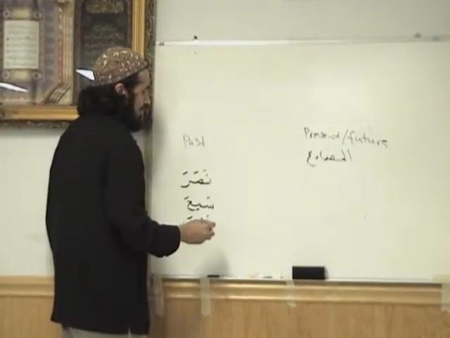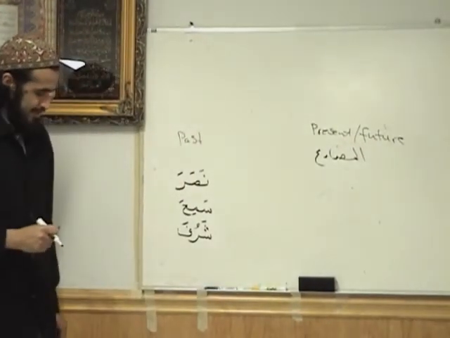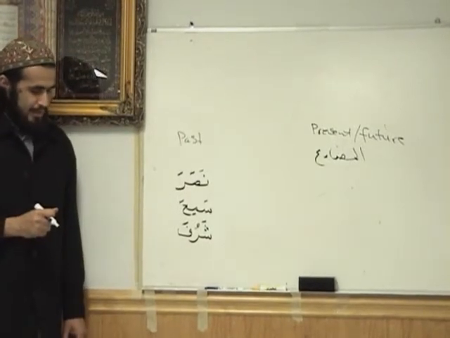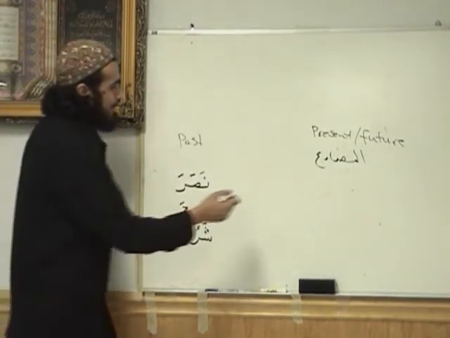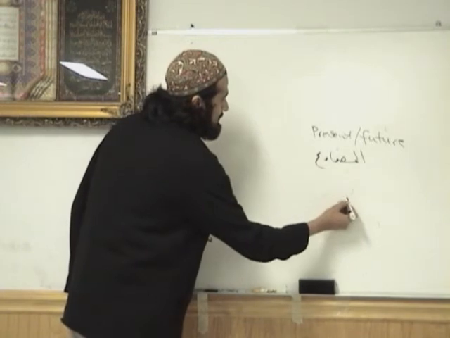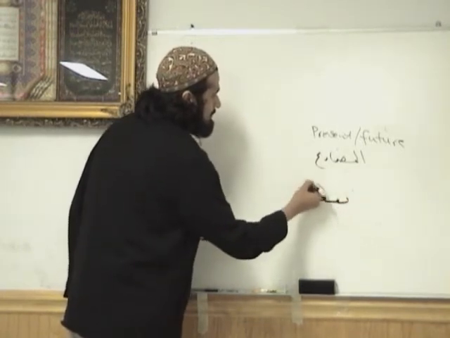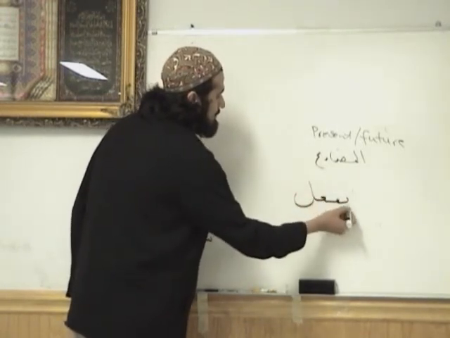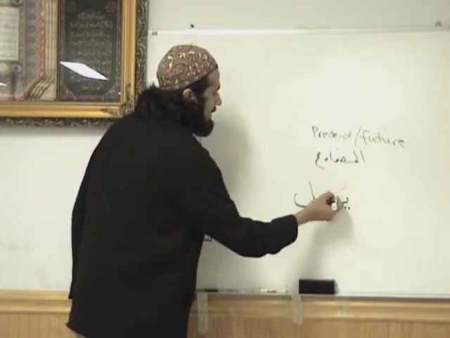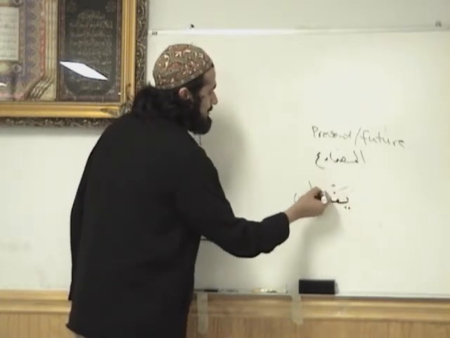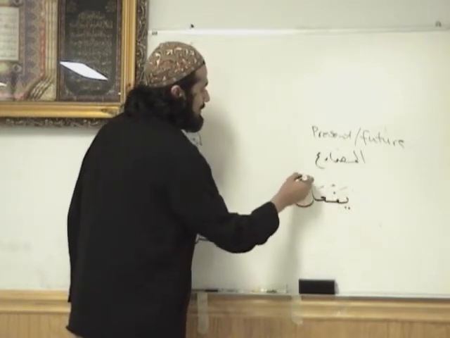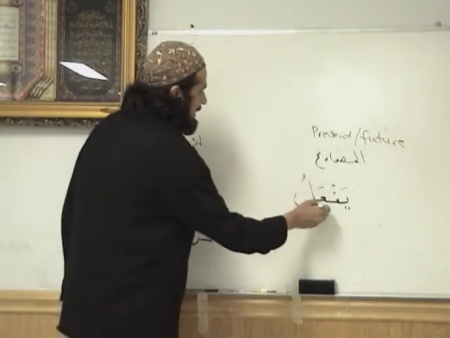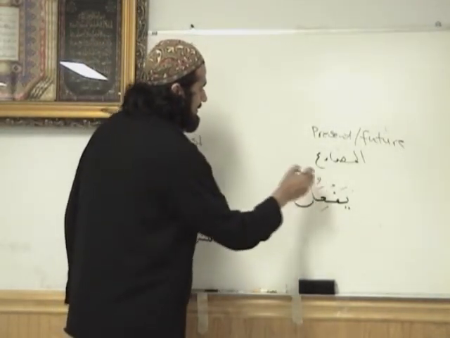And the form, again, we use the third person, masculine singular as a sample, and it will have this form. Ya with fatha, fa with sukoon, lam with dhamma, and the ayn can have fatha, kasra, or dhamma.